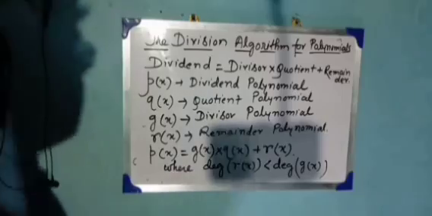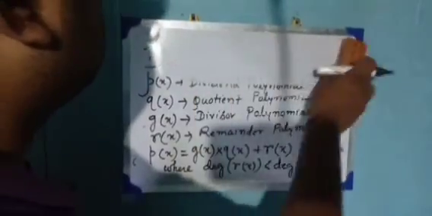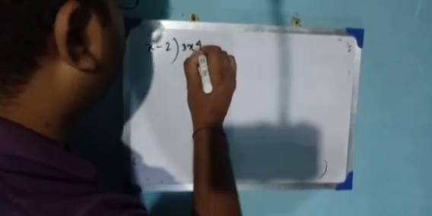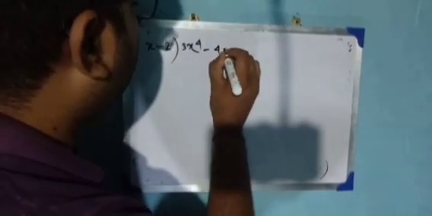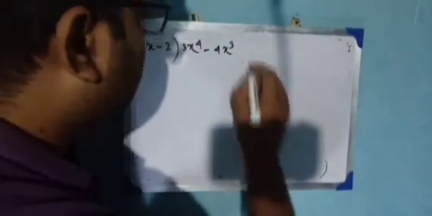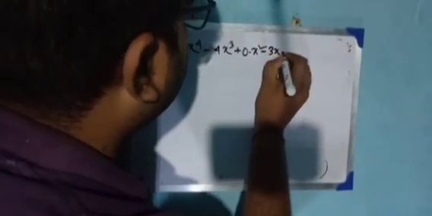Hope you are able to see, and as a result I am writing it here again, that x minus 2, and my dividend polynomial is 3x power 4 minus 4x cube plus 0x square minus 3x minus 1.